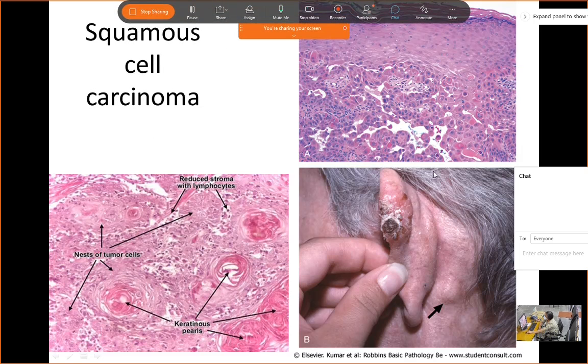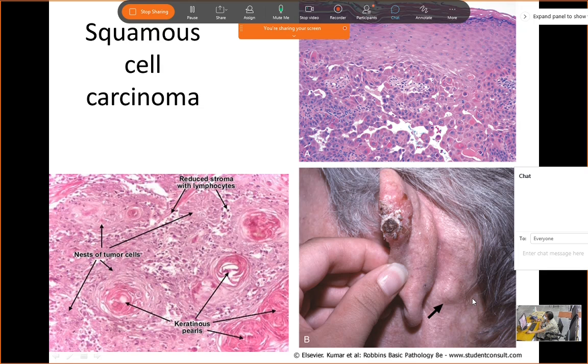So this is a clinical picture of a lesion here and in the ear. What you can appreciate here is there is some kind of ulceration, some kind of drying up, it looks like a wound, but what I want you to appreciate here is this arrow pointing to a posterior cervical or post-auricular lymph node.